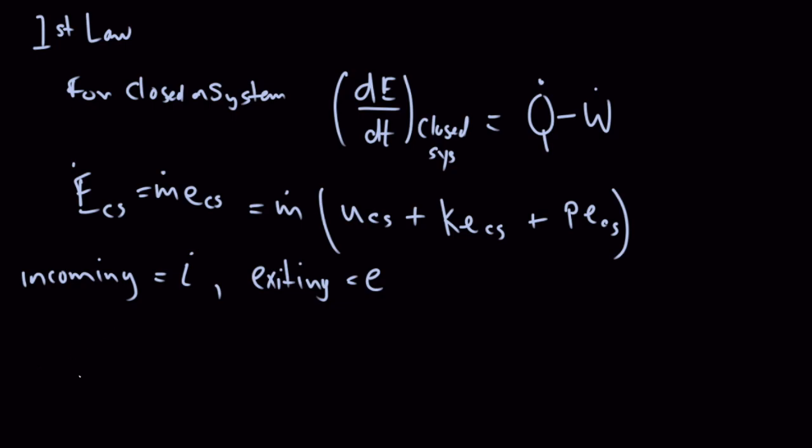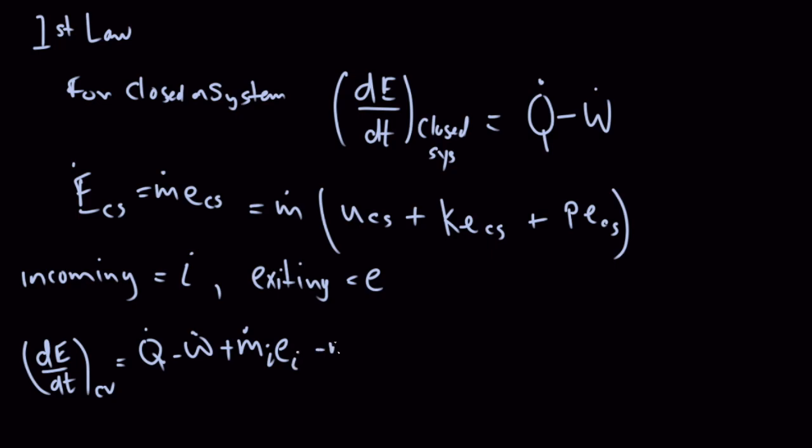So the first law full equation: the differential amount of energy, dE/dt, associated with the control volume is equal to Q dot minus W dot plus the flow rate of the incoming fluid times the energy associated with that incoming fluid, minus the flow rate exiting the control volume times the energy associated with that fluid exiting the control volume, plus the flow work itself.